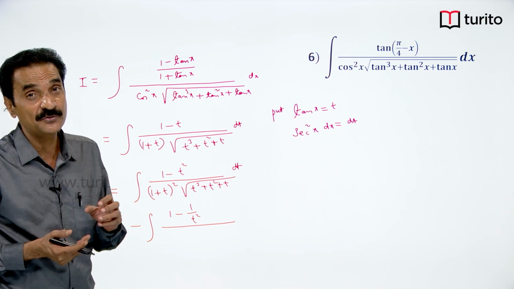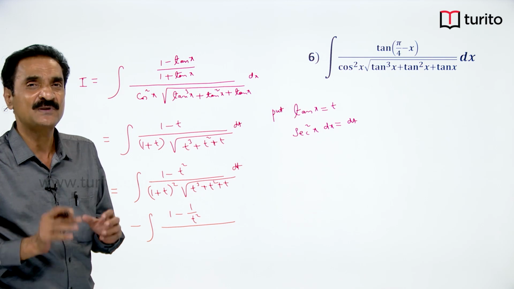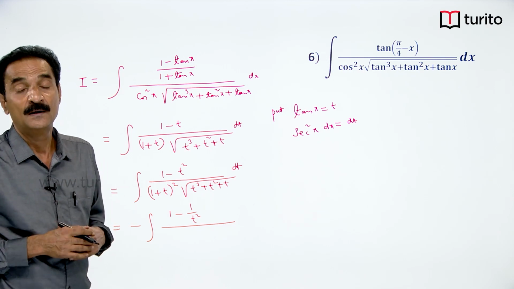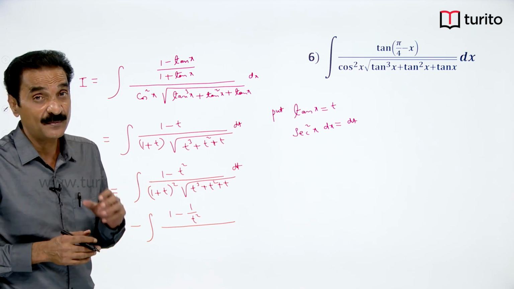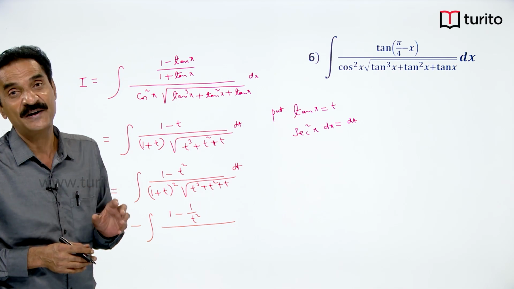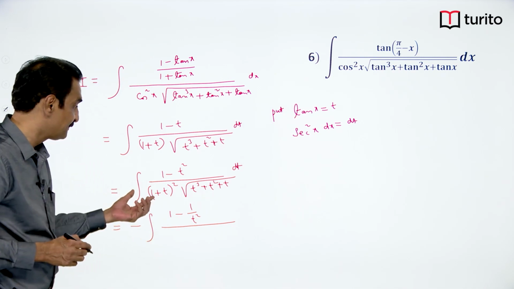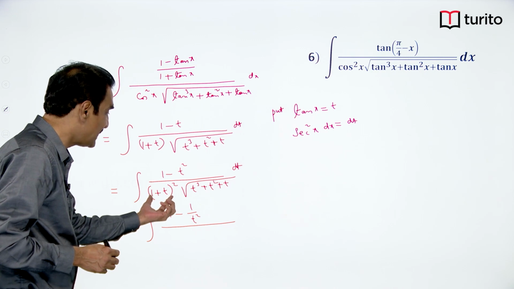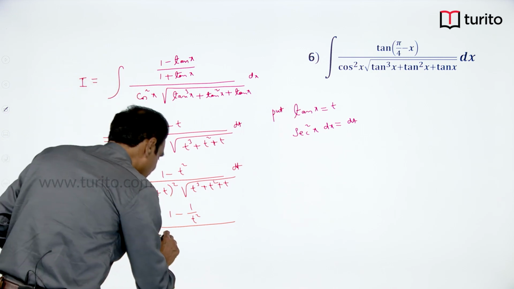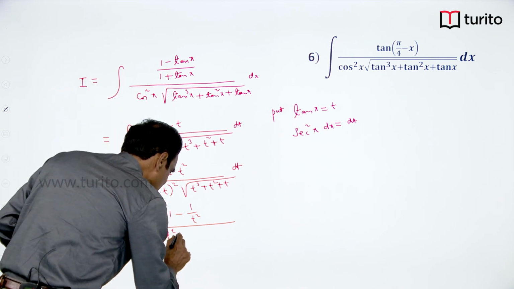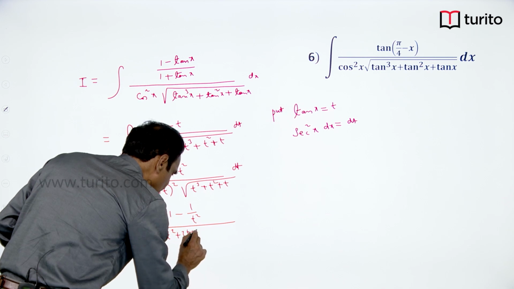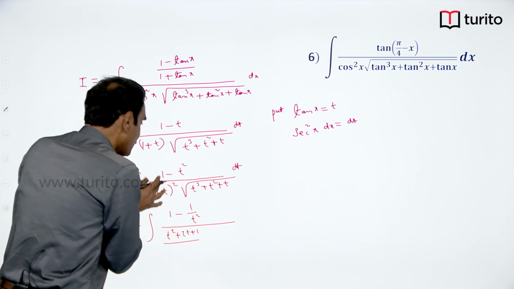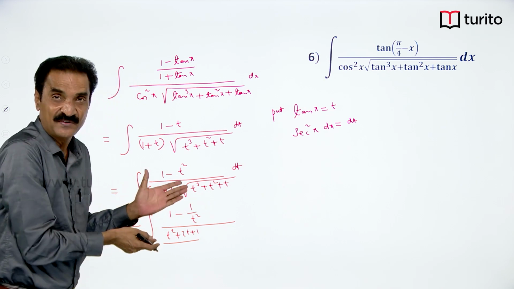I am going to substitute t plus 1 by t is equal to something, z or u. So we need to write the denominator in terms of t plus 1 by t. How to write? You expand 1 plus t whole square, it will be t square plus 2t plus 1, and we have to divide the denominator by t square now.